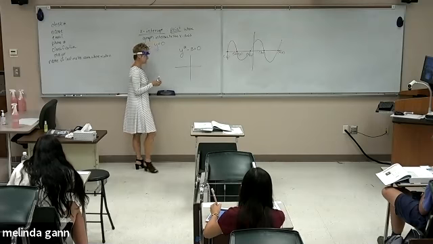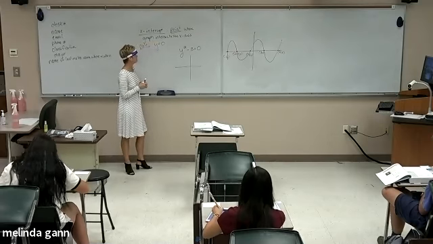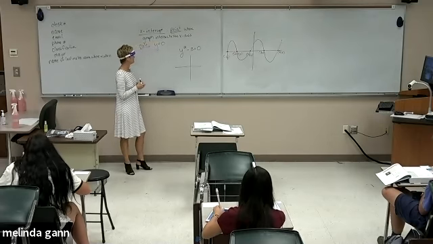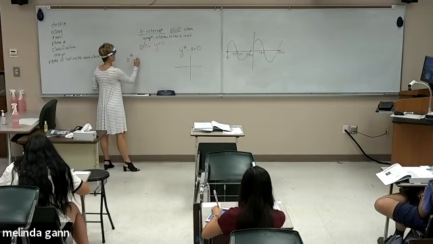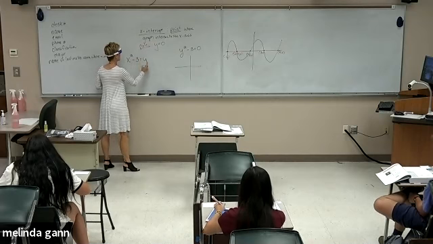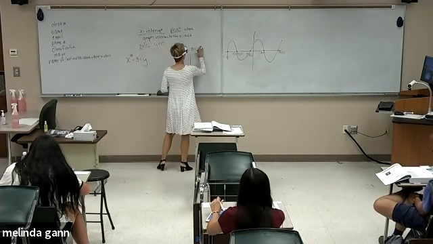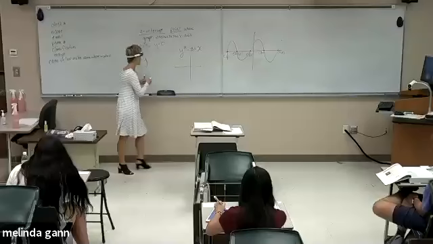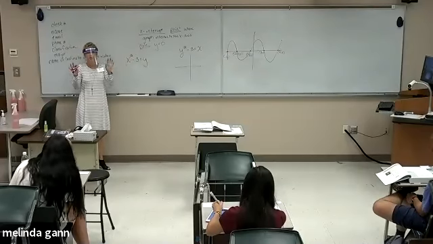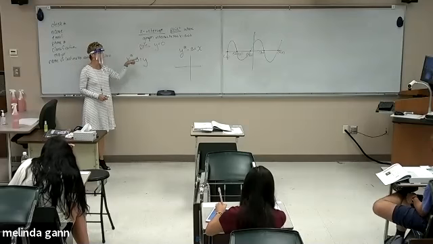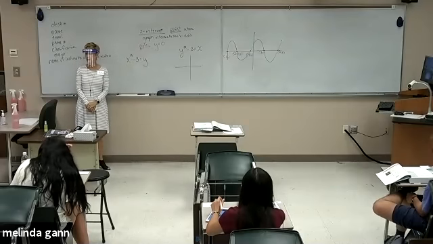All right, let me ask you this. Let's change it to this instead. Both of those graph the same shape. What shape do both of those graphs graph? Lines? What do they graph?